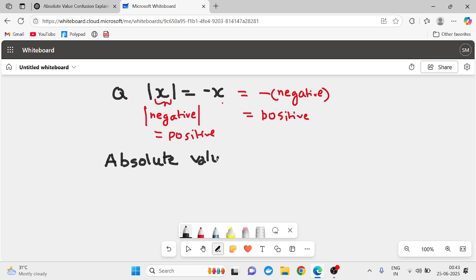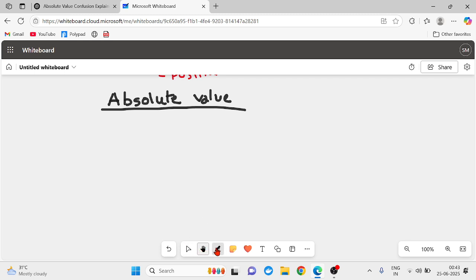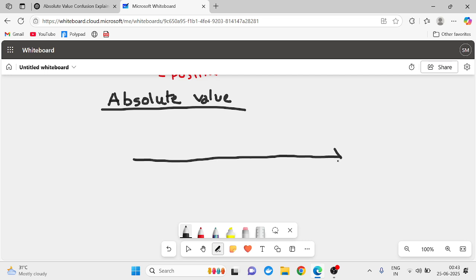If you jokingly ask me, the value which is absolute, that's called absolute value. But to understand better, let's take a number line. This is minus infinity, and this side will be plus infinity.